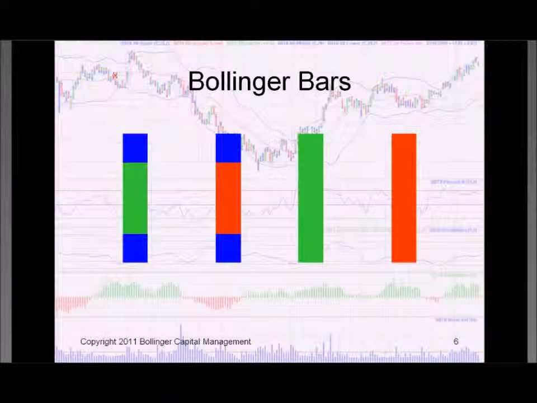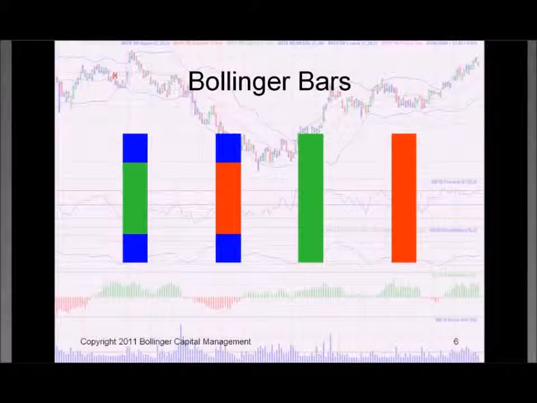One thing I did want to point out to you is something which people don't often realize, is that when we look at a candlestick or a Bollinger bar like this and we see a green body, it gives us a piece of information that you may not be aware of. It tells us the likely order of which was reached first, the high or the low of the day.